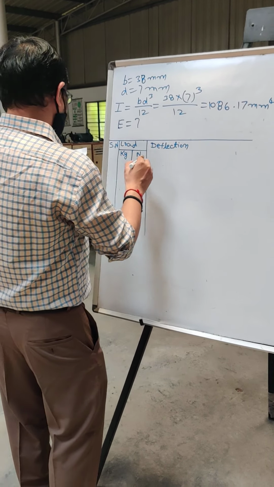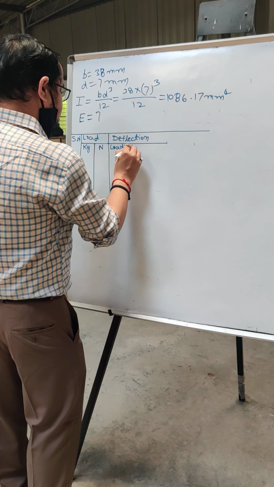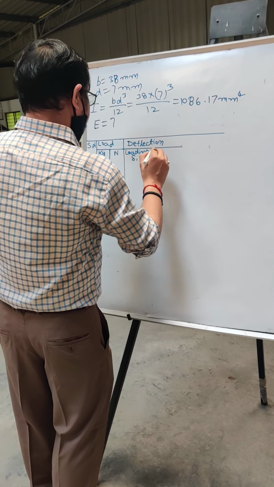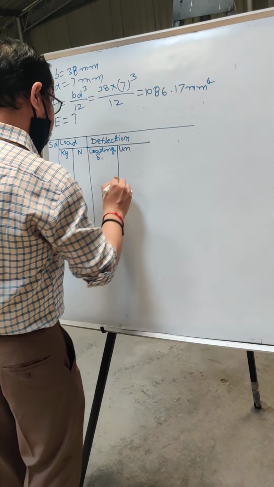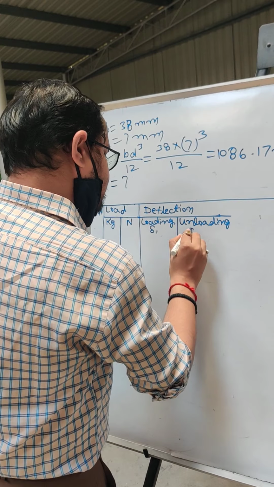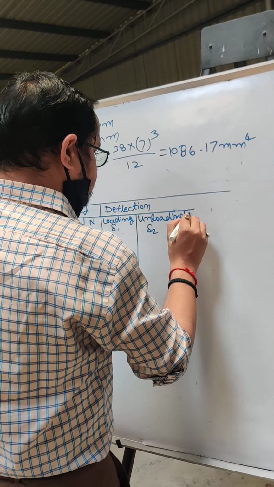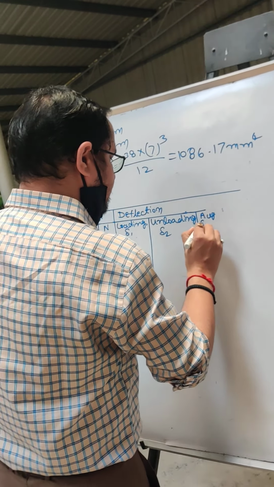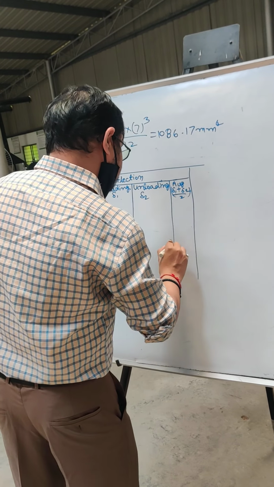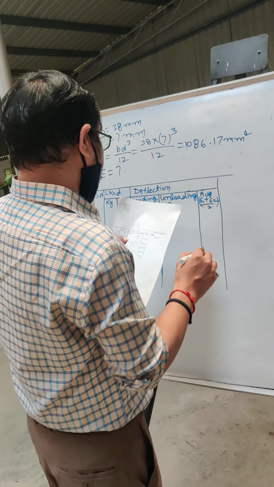This has 3 columns: loading, where the deflection is del 1, and unloading, that is del 2. Next the average, that is del 1 plus del 2 by 2. So there are 3 columns for deflection.